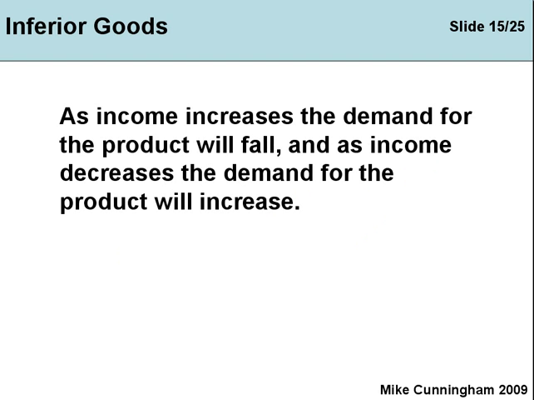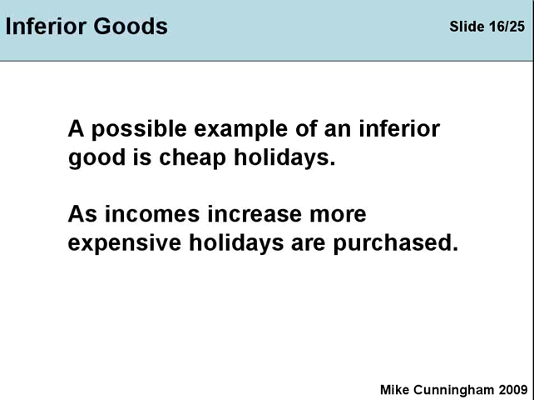In this case, as incomes increase, less will be sold. A possible example of this could be cheap holidays. As incomes increase, more expensive holidays will be purchased. So as incomes increase, there will be fewer cheap holidays sold, because we have more money to spend on more expensive holidays.